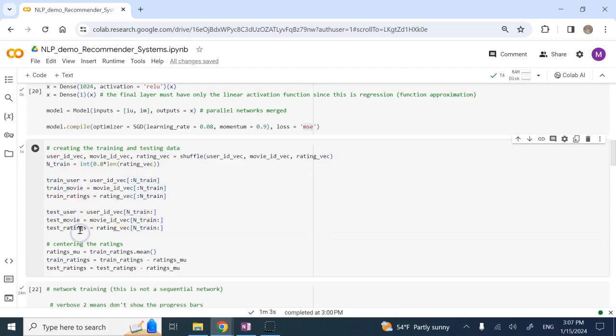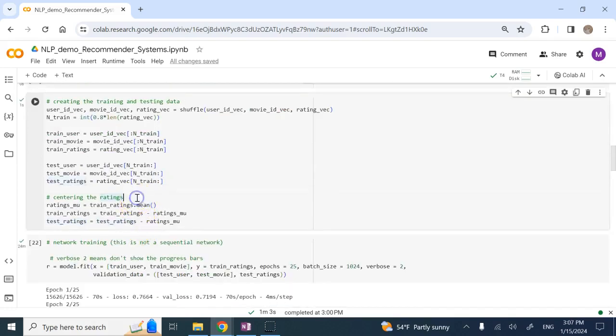The test data. One last thing you want to do is to normalize the data, both the train and the test ratings. And here, since the numbers are just out of 5, we have to, well, subtract and then divide by the standard deviation. But the standard deviation of these ratings is not really much bigger than 1.